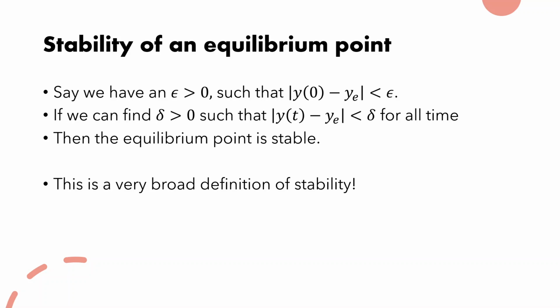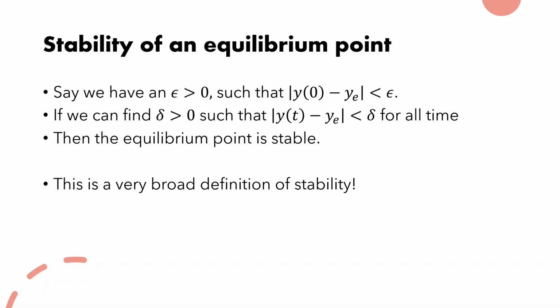Let us now say that we can find a delta greater than 0, again, another real number, such that the trajectory y of t minus the equilibrium point never goes above that delta. So we never move away in the absolute value sense from the equilibrium point by more than delta. Then the equilibrium point is said to be stable. If we cannot find a delta, more accurately, if we can prove there is no such delta for which this is true, then the equilibrium point is unstable.